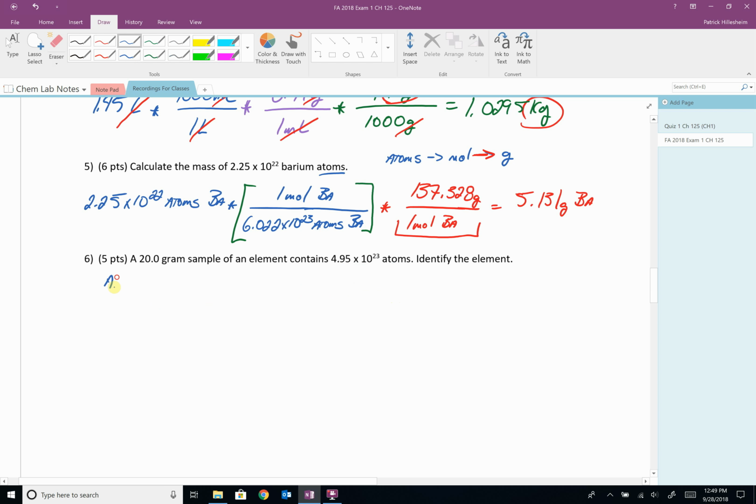So atoms are going to get converted into moles. 4.95 times 10 to the 23rd atoms of our unknown divided by 6.022 times 10 to the 23rd atoms for every 1 mole. This was equal to 0.822 moles.